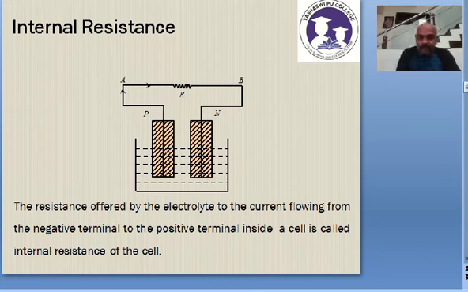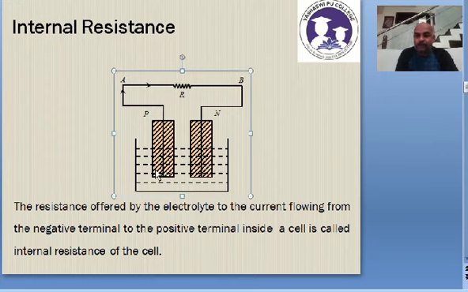Now see that if the charge has to flow from negative to positive, through this electrolyte, the charges have to move from the negative electrode to the positive electrode. While moving through this electrolyte, the electrolyte offers some resistance.